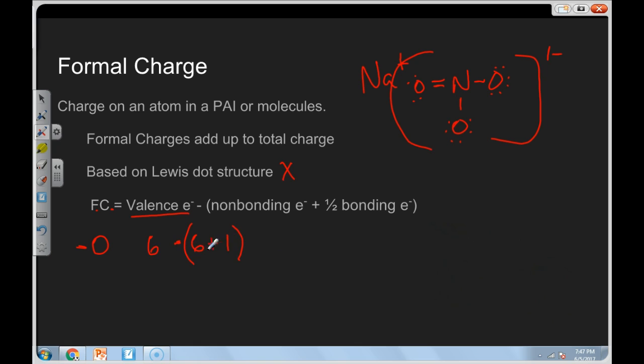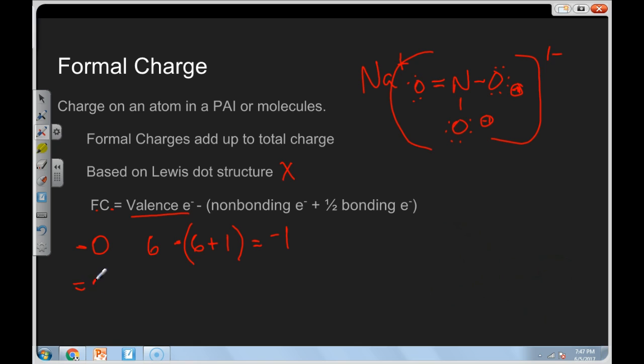So 6 minus 6 plus 1, keep your parentheses in there for order of operations, that equals, well, 6 plus 1 is 7, so 6 minus 7 is a negative 1. Each of these has a formal charge of negative 1. I'm going to put it there with a little circle around it, because that's the formal charge, that's not a dedicated charge.